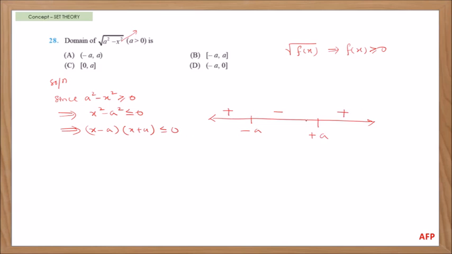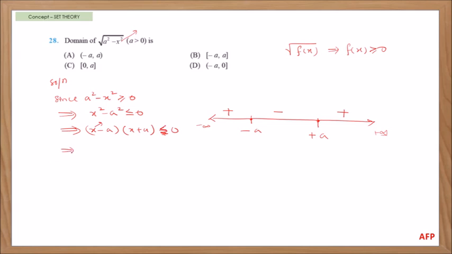This is divided into three intervals, with infinity on both ends: positive, negative, positive. So x lies in which interval? It depends on the inequality. Less than 0 means negative. The equal sign indicates that both points are included.